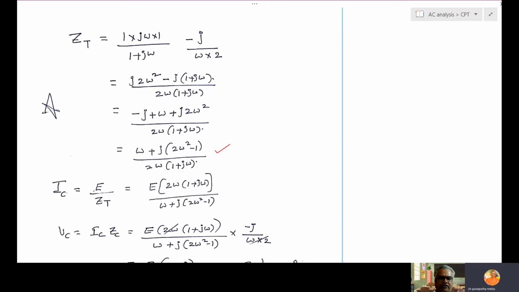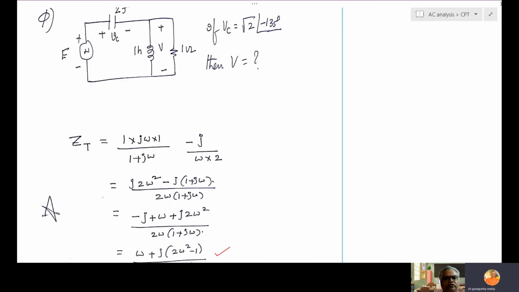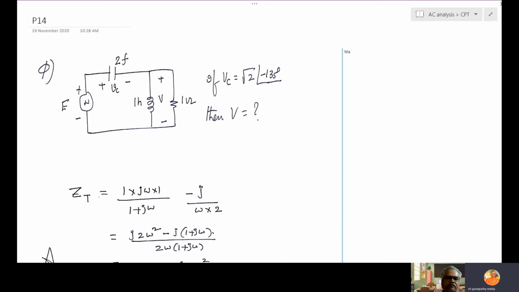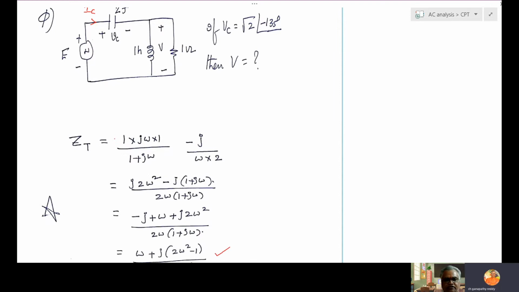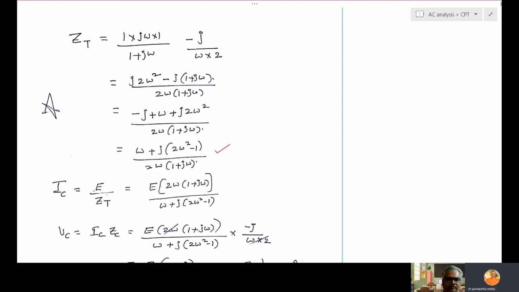Then IC equal to E by ZT. What is IC? It is the total current. So IC is nothing but E by the total impedance. Current equals applied voltage by total circuit impedance. The total circuit impedance is ZT, already taken. So using that, E is with this one, substitute this ZT.